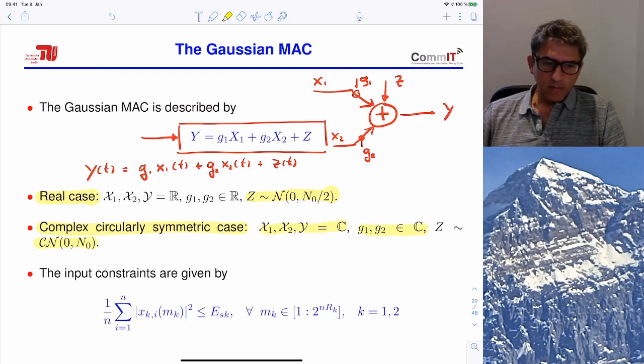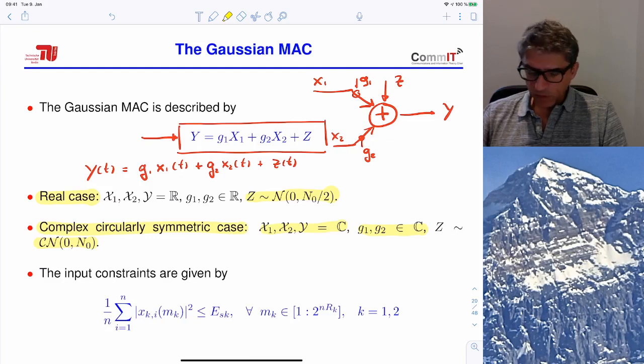This is a concept that we have already introduced for the single user Gaussian channel. So here everything extends in a rather immediate way. Each user has its own input constraint.